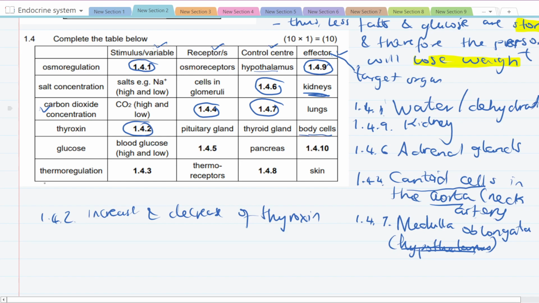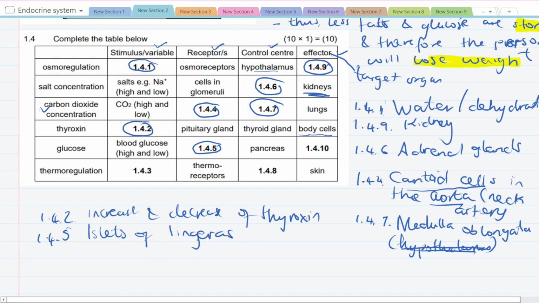Then we look at glucose, blood glucose increasing and decreasing. And then we have a receptor that you need to know by name. They are found in the pancreas, right? And the name of those receptors are islets of Langerhans.